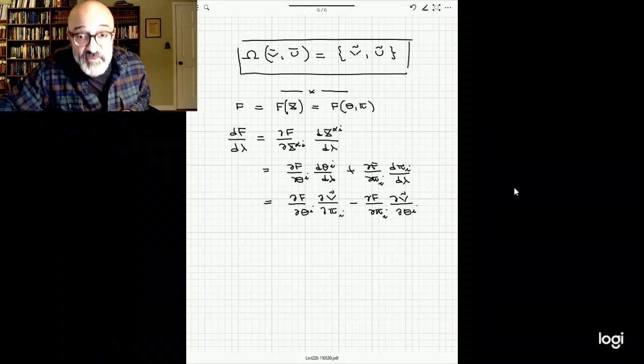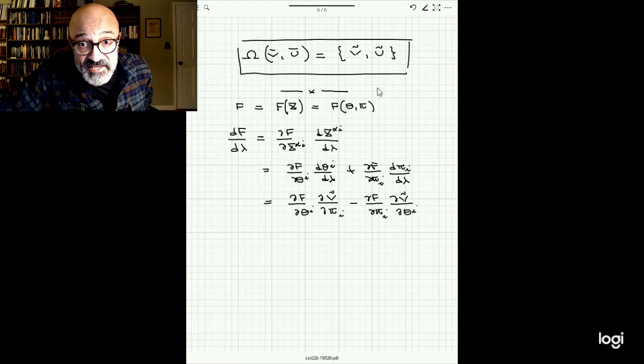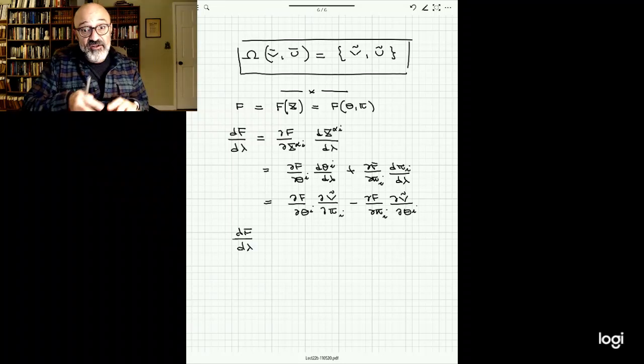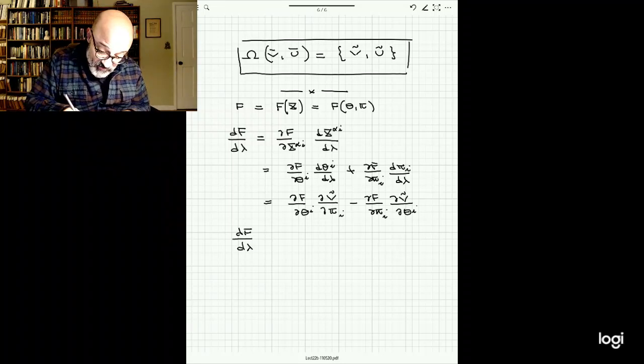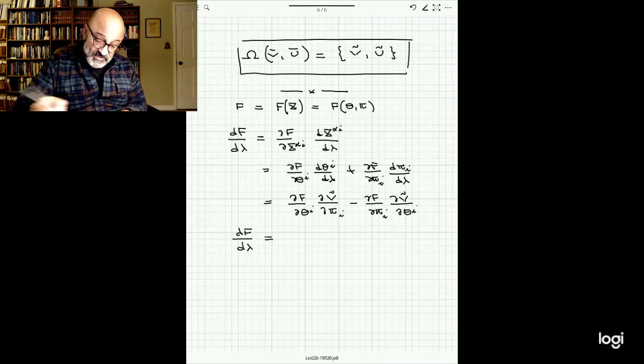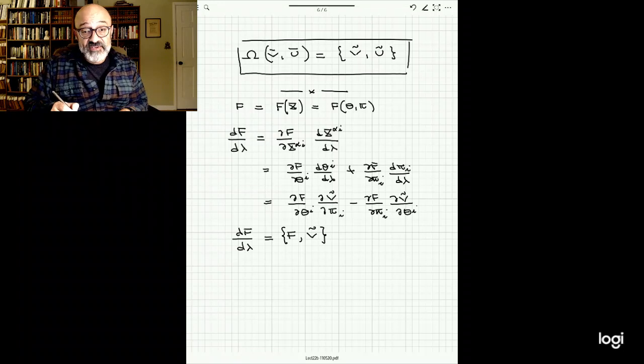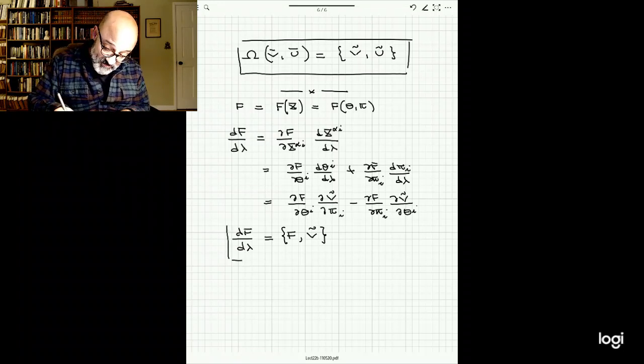So again, we have the same structure as the Poisson brackets. So the conclusion is that the rate of change of a function along a Hamiltonian flow is going to be given by the Poisson bracket of the function itself with the Hamiltonian function that generates the flow.